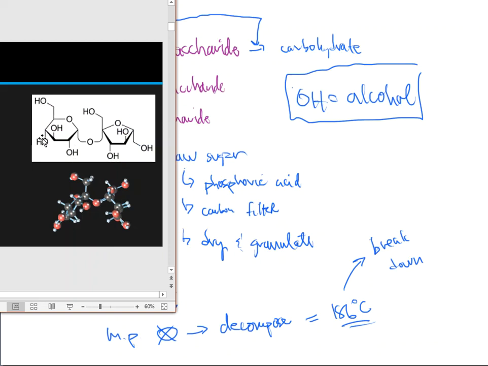We see 1, 2, 3, 4, 5, 6, 7, and 8. There's 8 of them in total, according to this drawing. And then if you notice, the drawing has taken specific notice to either draw the OHs pointed up or draw the OHs pointed down.